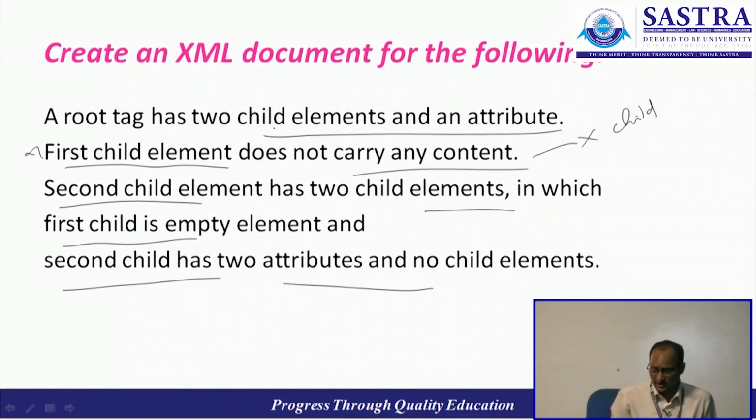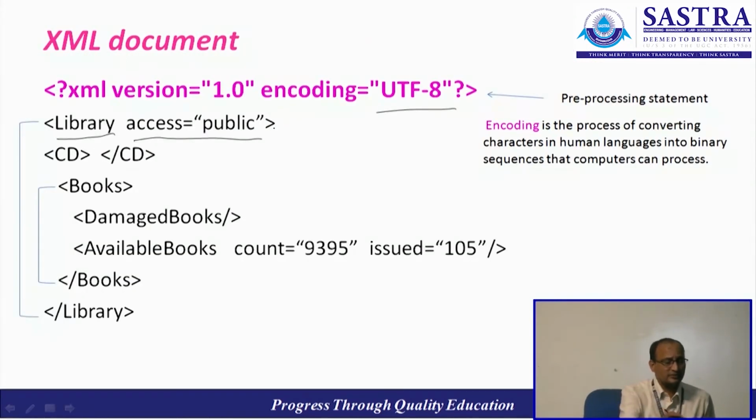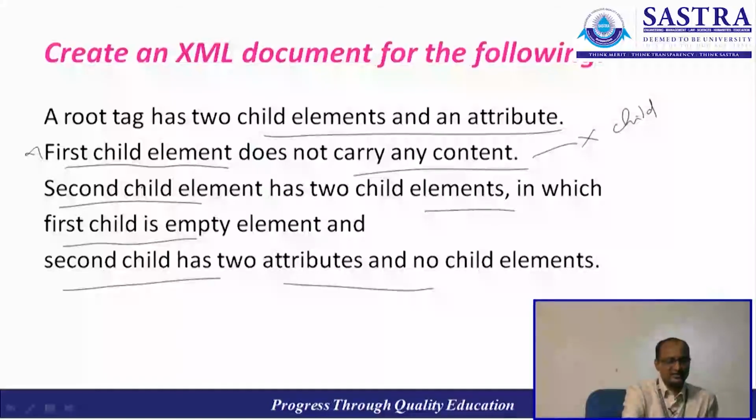So, of the two children, the first does not have any text, which means the CD has been included as the first child and it does not carry any text or child elements. Second child, books.